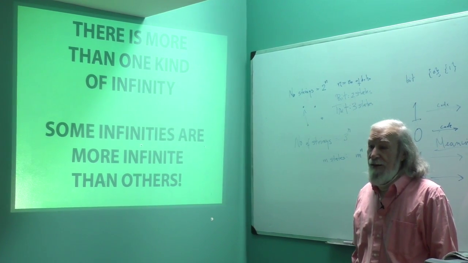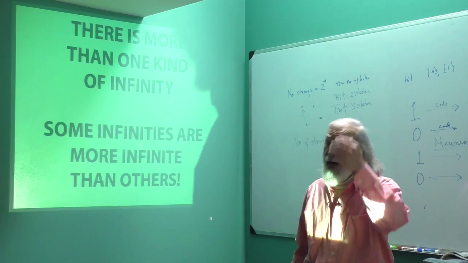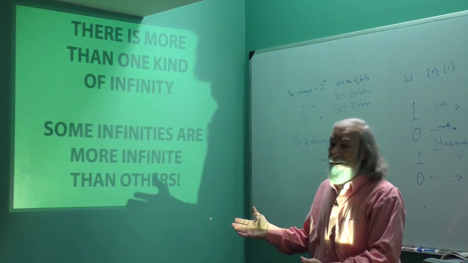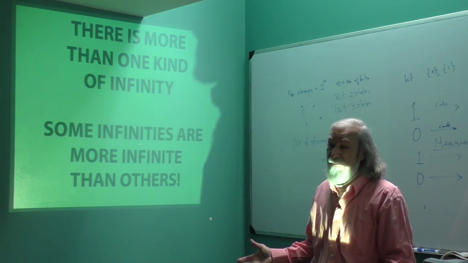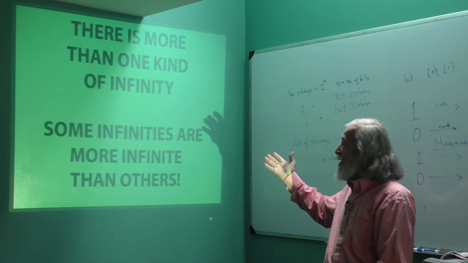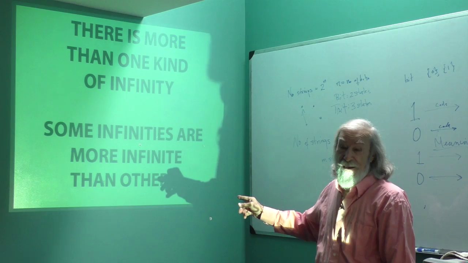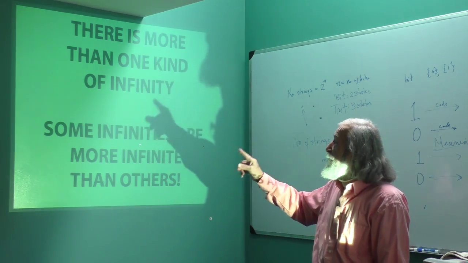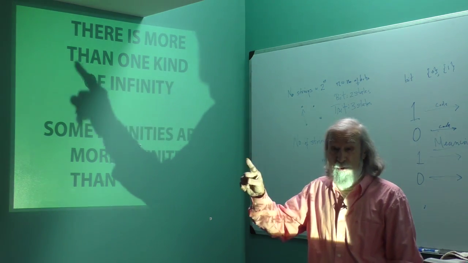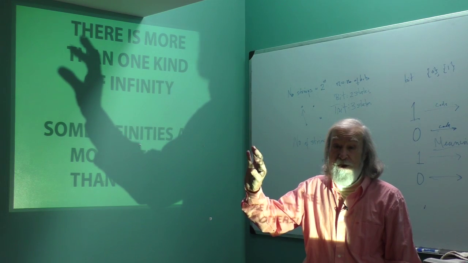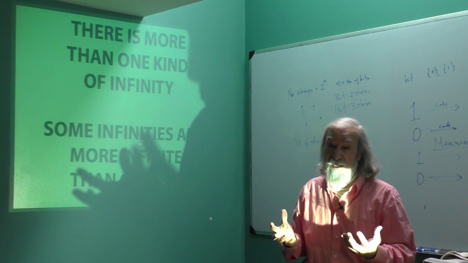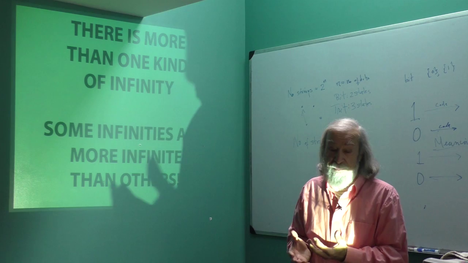It's sort of like you come into the world and then you learn there's sex. It's like, how could that be? I mean, some infinities are more infinite than others. And that 2 to the infinity, exponentiation, will create a bigger infinity. And that's what we're going to talk about next time.